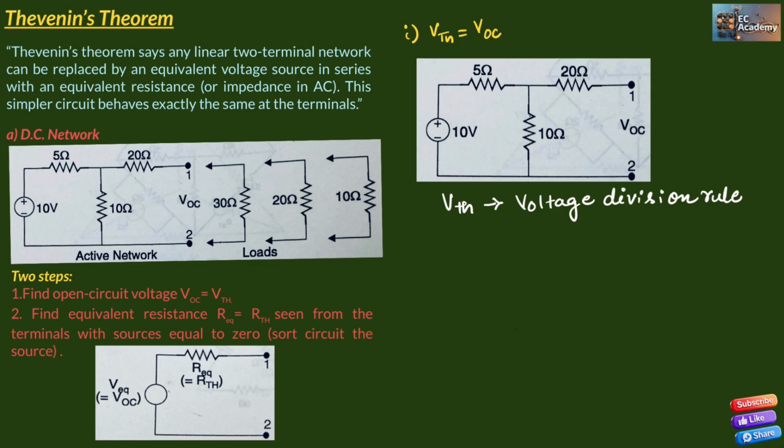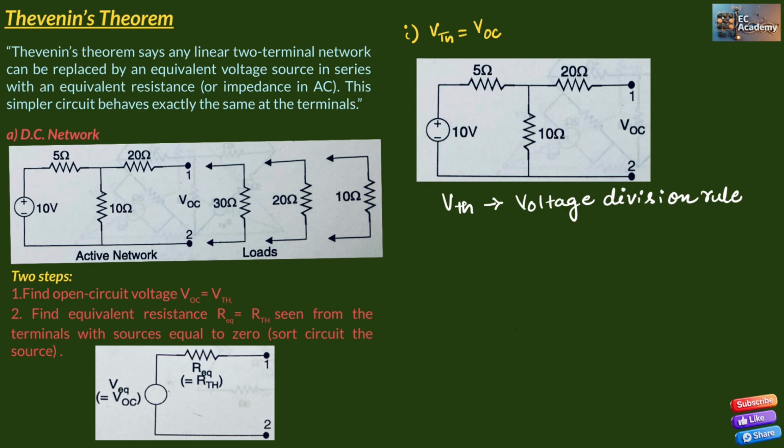The voltage division rule states that to find the voltage across any resistance, we take the resistance across which we are finding the voltage, divided by the sum of the resistances, multiplied by the source voltage.